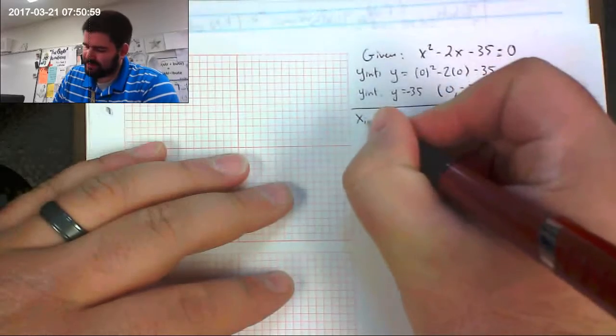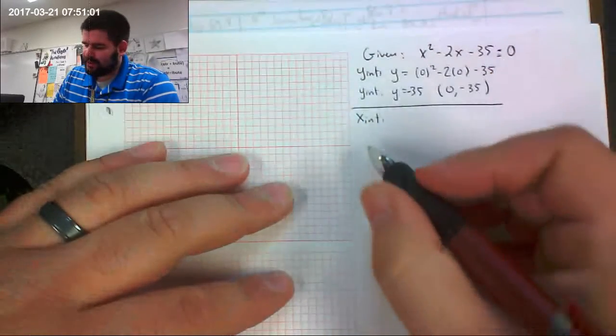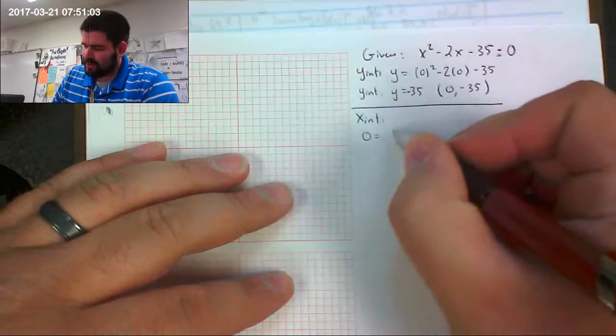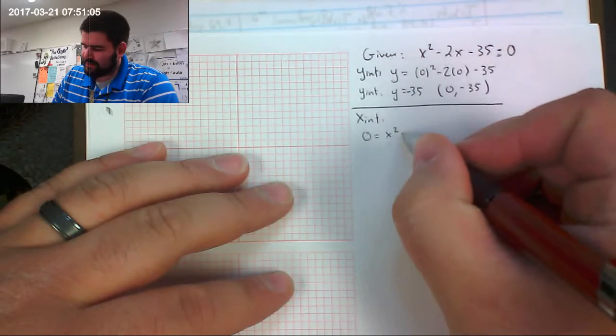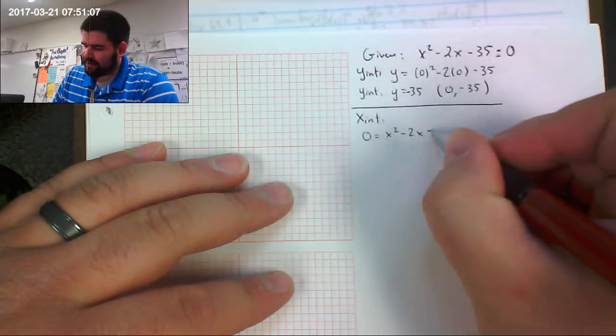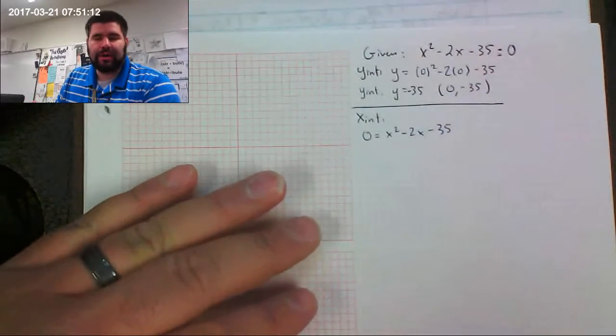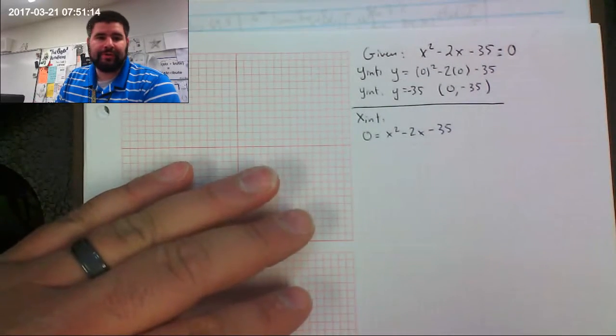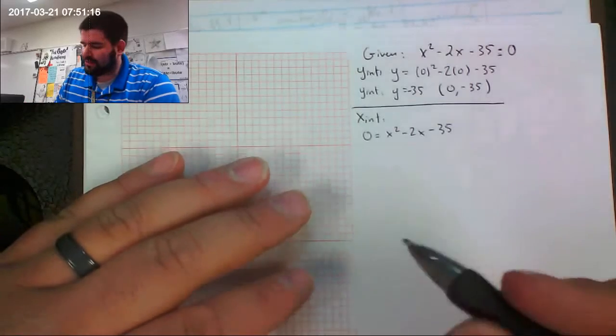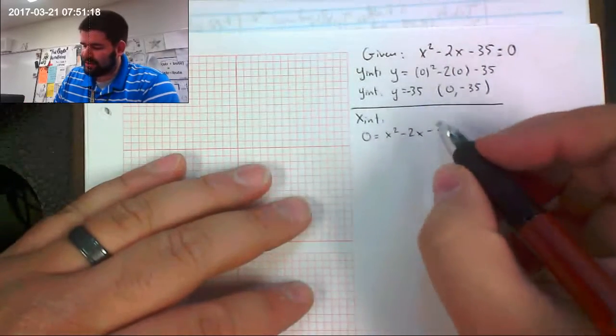So let's go to x-intercepts, and I need to set the equation equal to 0 here. And when I find the x-intercepts, I need to factor this so that it generates two ordered pairs for me, or two little equations that I can solve and get the intercepts that way.